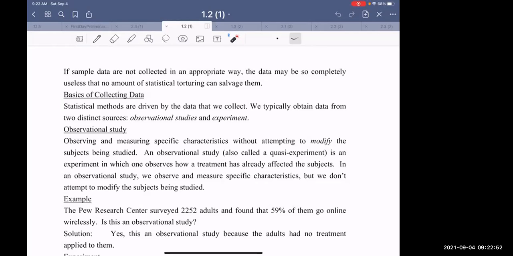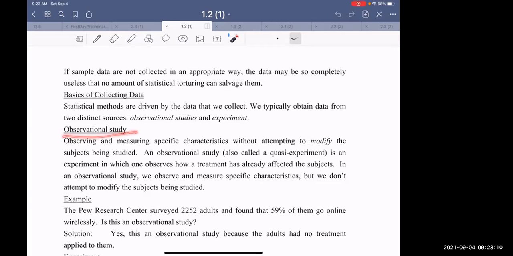As I said before, there are really two major types of ways of obtaining data: either an observational study, which we just looked at above, or an experiment.